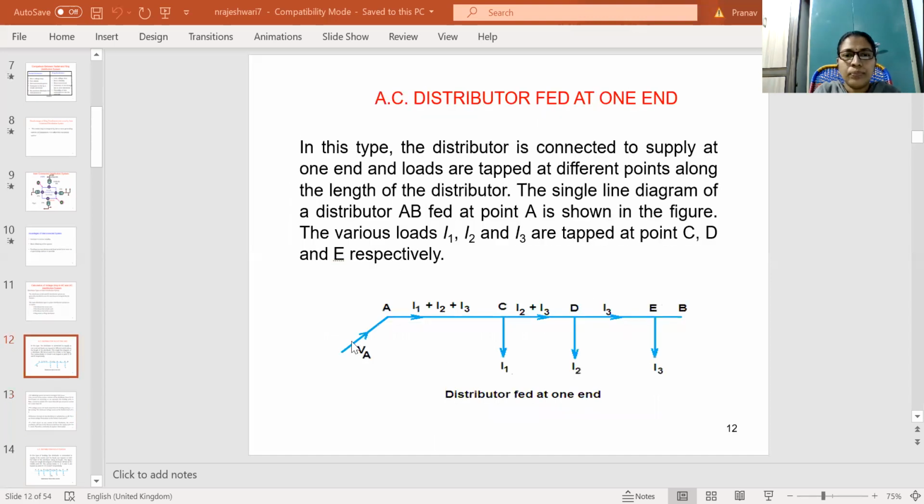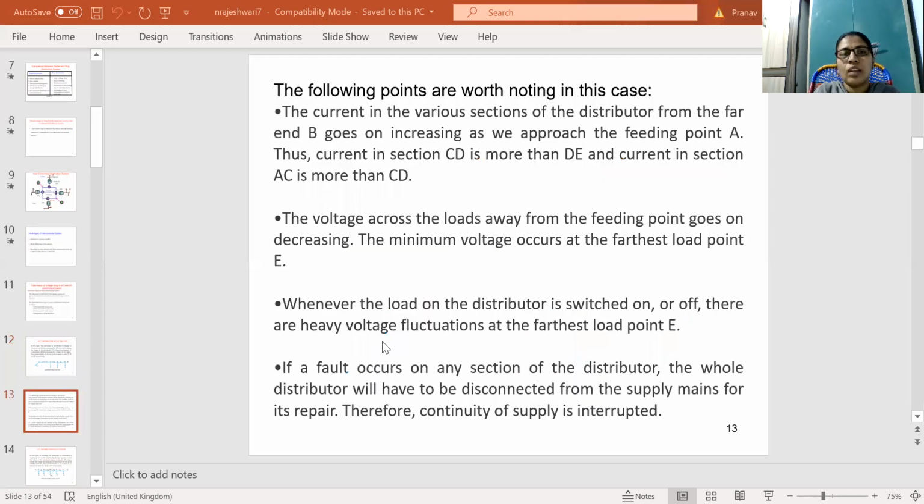This means current in AC is more than CD. So I1 plus I2 plus I3 is more than I2 plus I3, and current in CD is more than DE, because DE carries I3 while CD carries I2 plus I3. The voltage across the loads away from the feeding point goes on decreasing.